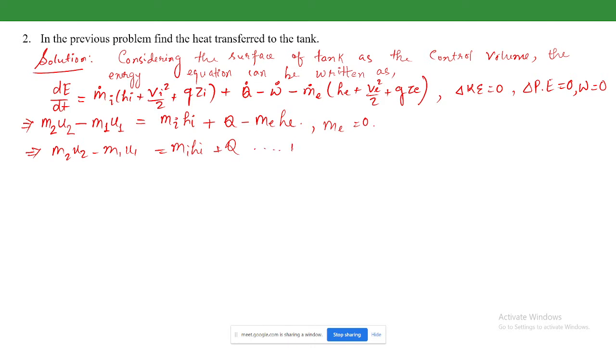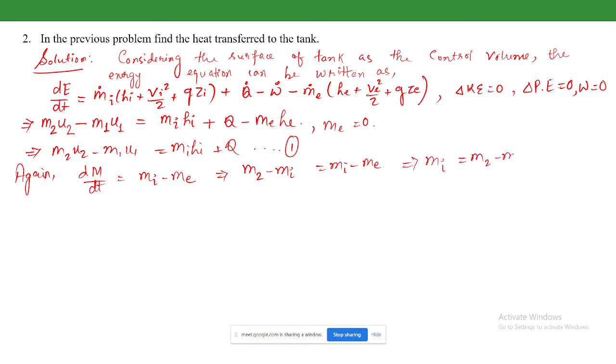Okay. Now again, if we consider the mass balance, then dm by dt will be equal to mi minus me. This implies that final mass minus initial mass is equal to mi minus me. But me is equal to 0, right? This implies that mi is equal to m2 minus m1.